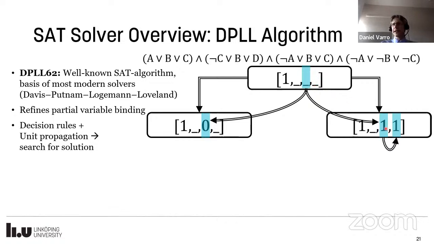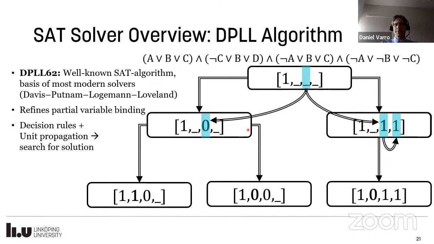So for instance, if I decide that C is 1, then one consequence is that D has to be 1, because otherwise this clause would never hold. In that regard, the SAT solving algorithm is a repeated execution of such decision rules and unit propagation rules.